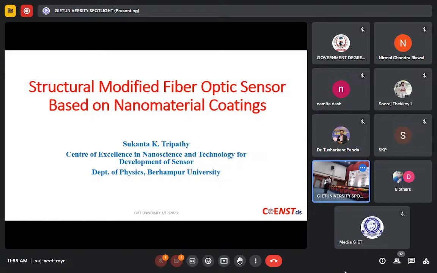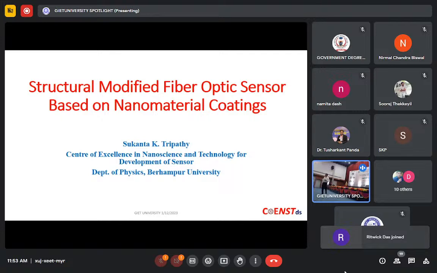But what I will try to explain is how we can modify this conventional optical fiber sensor based on its geometry and based on different nanomaterial coatings. This is what I will try to explain in the next 1 hour. Now, coming to my talk, this talk is not based on mathematics.